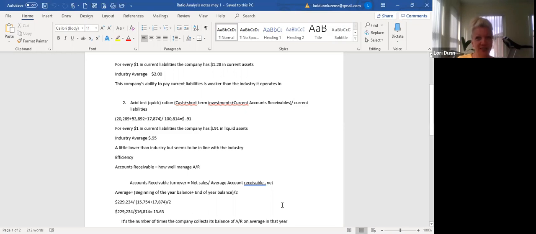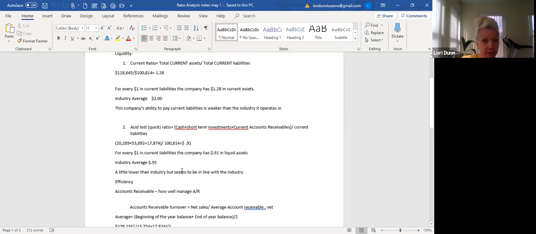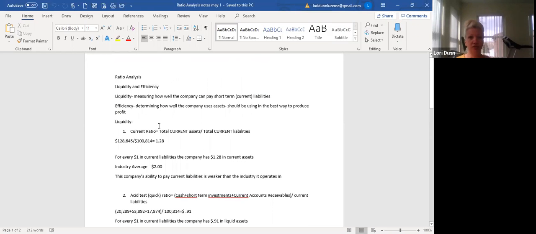So we're looking at the liquidity ratios here. We looked at current ratio. Remember, these ratios are telling us how well the company can pay short-term liabilities, current liabilities. So the current ratio looks at all the current assets the company has compared to the current liabilities. And that tells us, again, for every dollar in current liabilities, the company has this much.